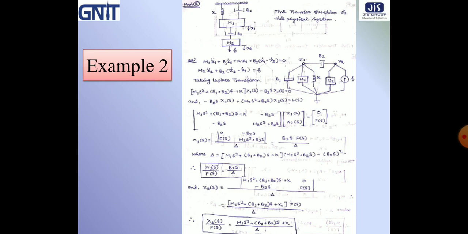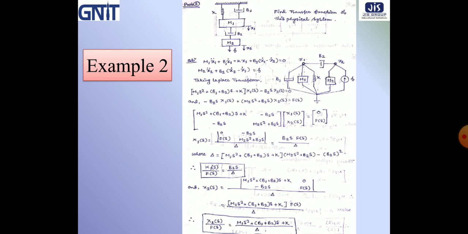Similarly, one end of mass m2 is connected to ground, and one end is connected to x2. The two masses m1 and m2 are connected through a damper, that is B2. So you have to connect the damper B2 in between x1 and x2 in the mechanical circuit diagram.